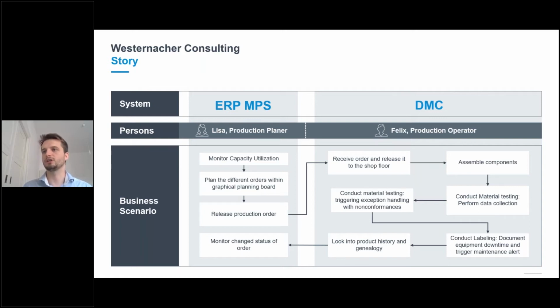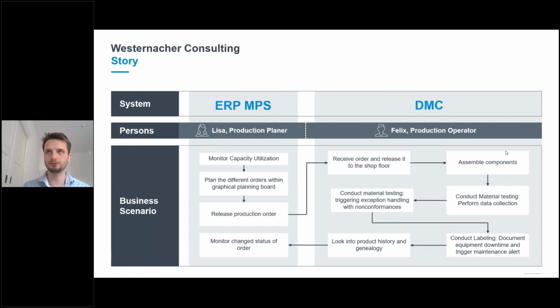Then we're going to conduct the material testing, where we're going to perform a data collection again. Then we go further into exception handling with non-conformances, and our last operation will be the labeling, where we document some equipment downtime and trigger a maintenance alert.